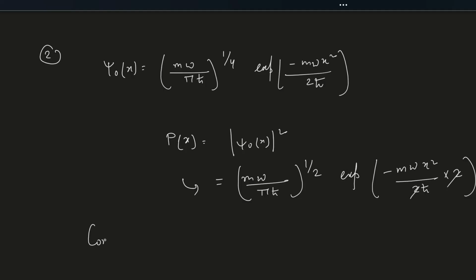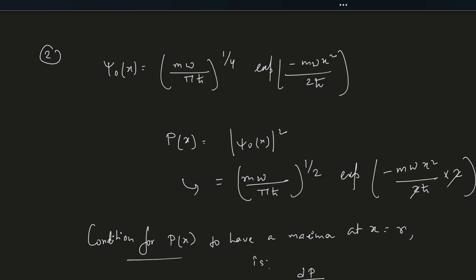Now the condition for any function to have a maxima at some random point, let's say x equal to r, is that the function's first order derivative with respect to the dependent variable, in this case x, has to be 0 at that particular point that you are asking about.